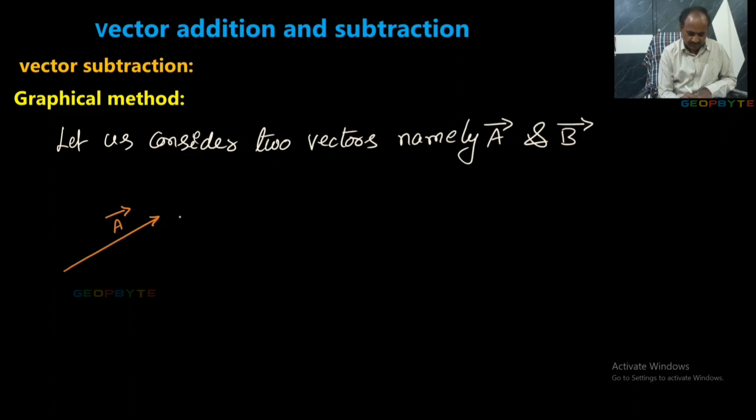The vector B may be like this. This is the vector B. Then I want to find vector A minus vector B.